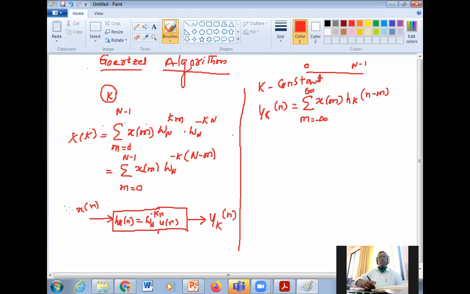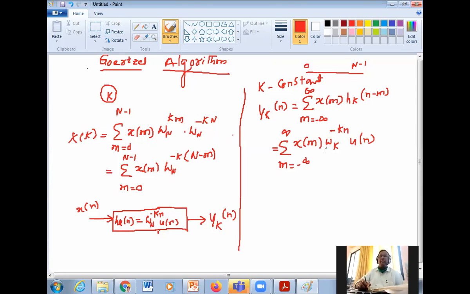By putting the value of hk of n, this we can write as summation m equals minus infinity to infinity, x of m into wk to the power minus kn into u of n.